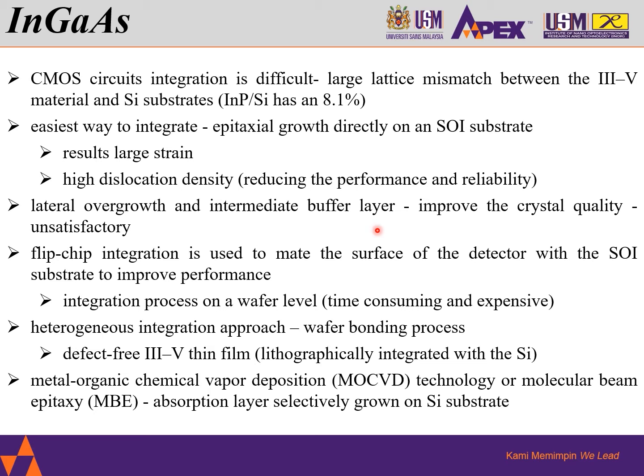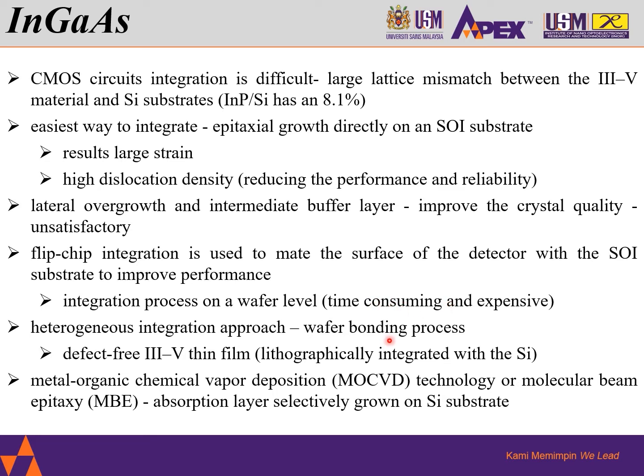Later on, flip chip integration is used to mate the surface of the detector with the SOI substrate to improve the performance. The major drawback of this technique is that the integration process is carried out at wafer level, which is time consuming and expensive.